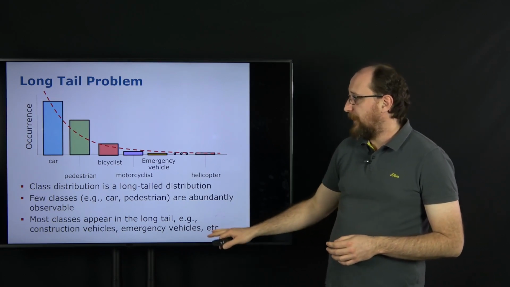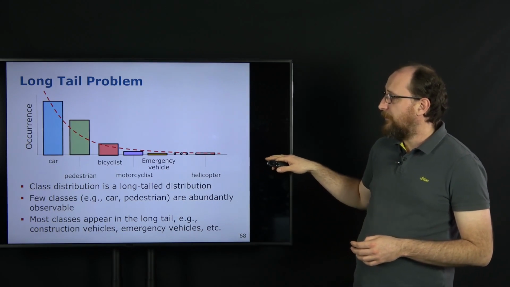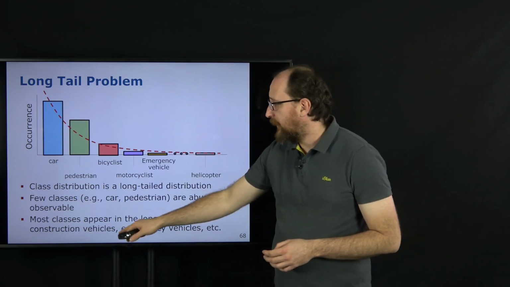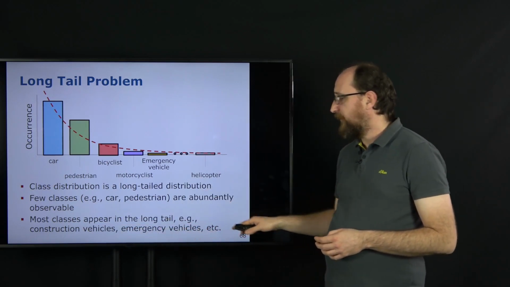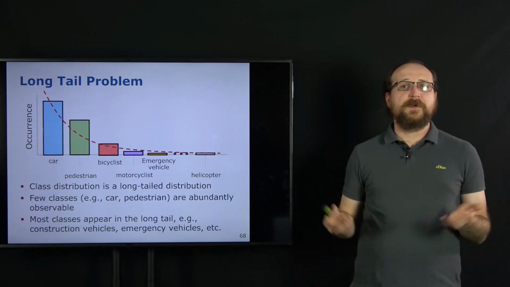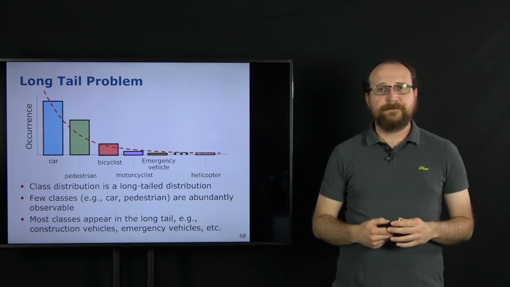Most of the classes appear basically in this long tail of the object distribution. So we will have construction vehicles, emergency vehicles, and so on, that we cannot gather as many images of as for other classes.